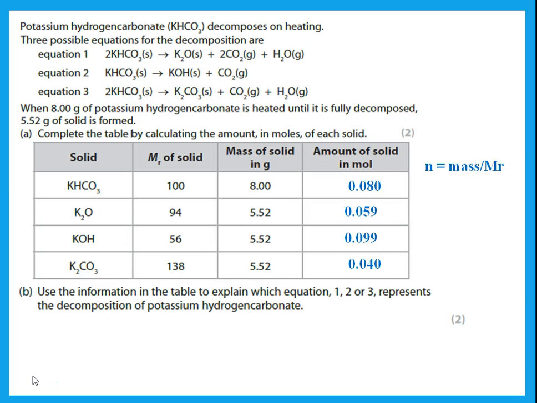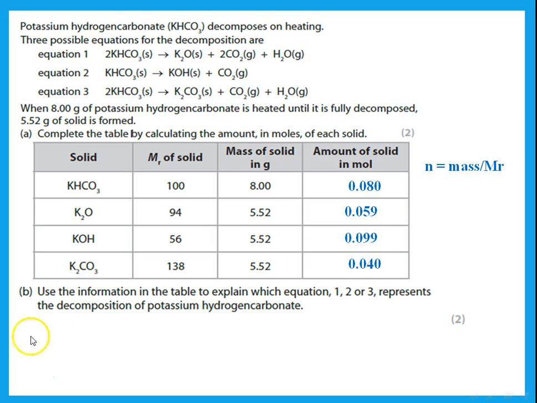And then I look at the equations. In equation 1, the number of moles of KHCO3 should be twice the K2O. So if the KHCO3 is 0.08, this should be twice the K2O, but actually it is not. The K2O is not half of the 0.08, so that means equation 1 is wrong.